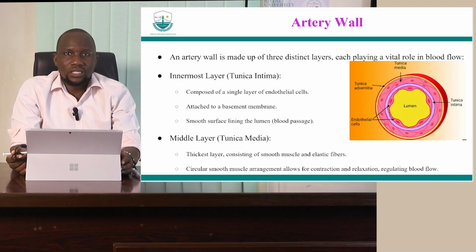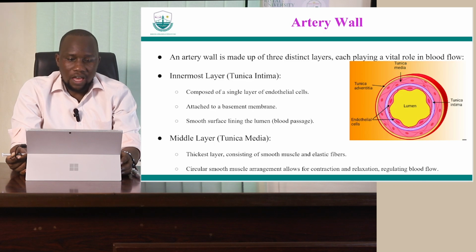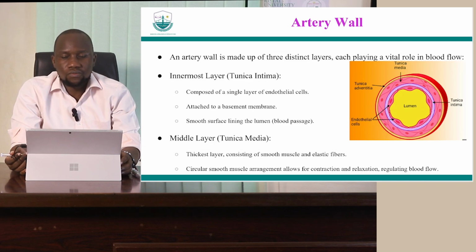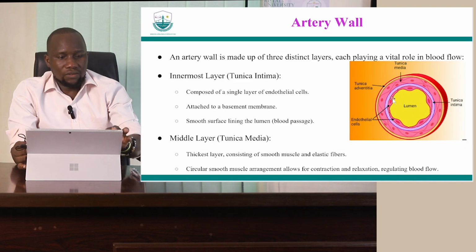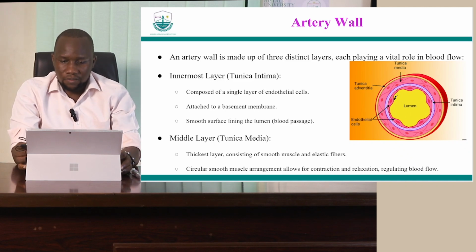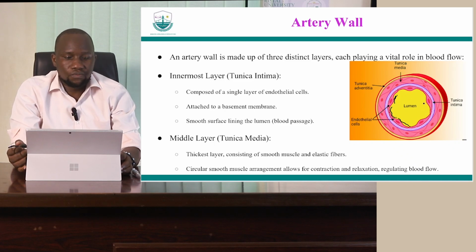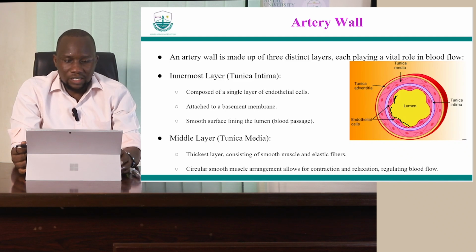The innermost is very smooth, and it consists of endothelial cells that are attached to the basement membrane. So the innermost layer is the one that allows the blood to flow. Okay, and then the middle layer, it is the thickest of the three layers.